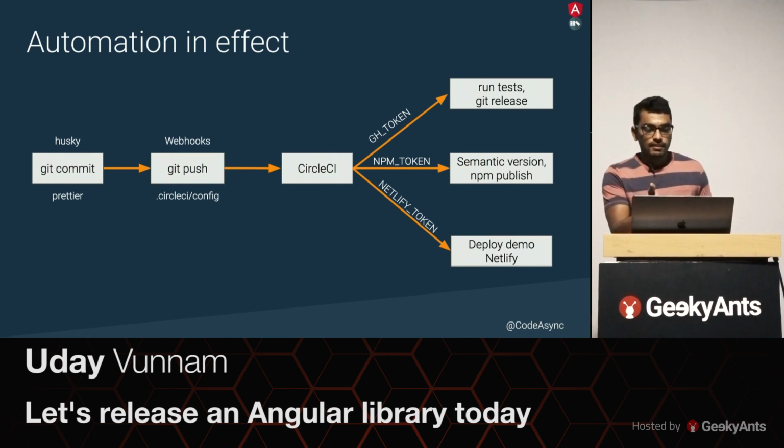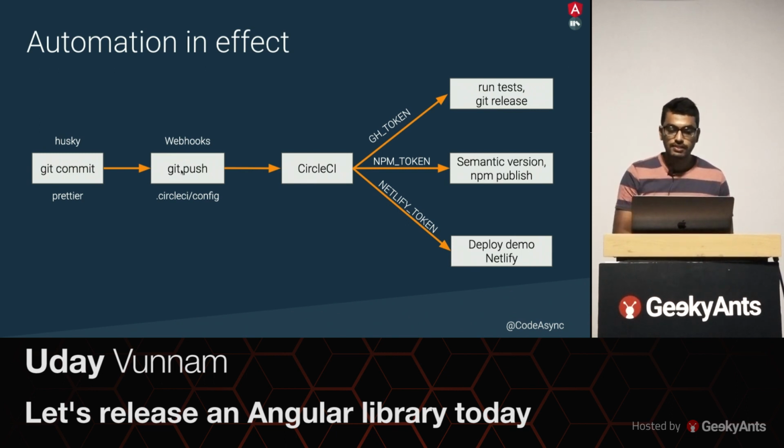So this is the final flow that we are going to have. We do a git commit, and Husky intercepts your commit and does the styling, and then pushes to your GitHub, and GitHub notifies the Circle CI that some event has occurred. So the event is a push event. So Circle CI reads your configuration file, circleci config, and does the series of steps that we have told it to do.